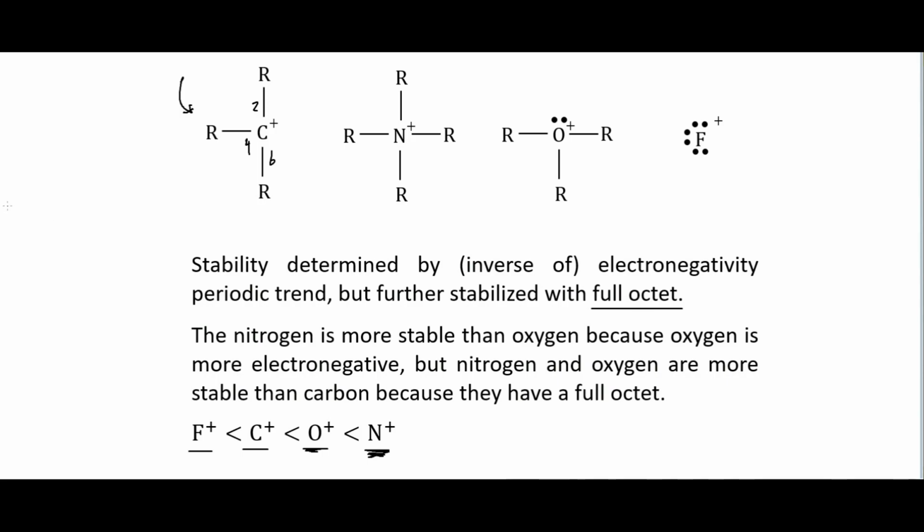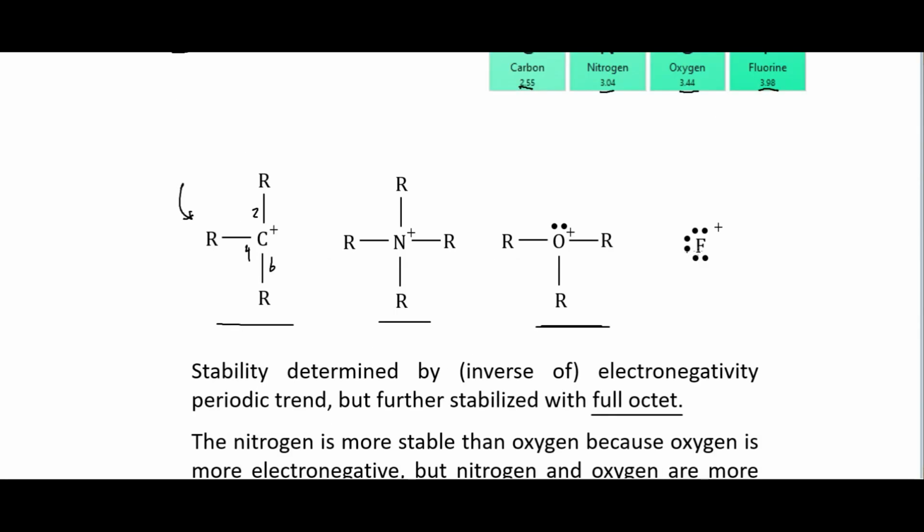And so it's that full octet thing that makes it so that the carbon, the carbocation, is less stable than even the oxygen cation, which is less, and then it's the periodic trend that sort of takes over from there, and that's why the nitrogen is more stable with a positive charge than the oxygen is.